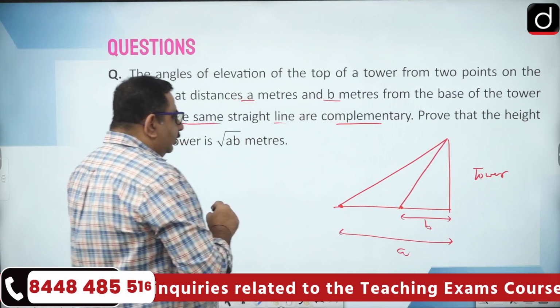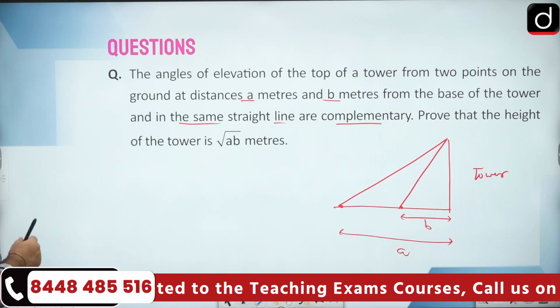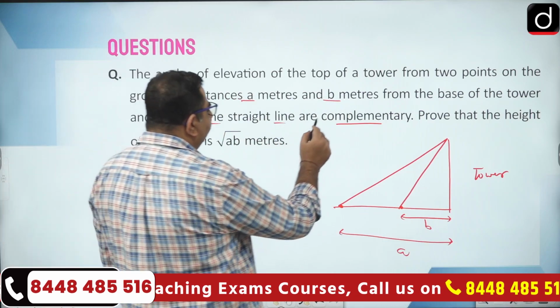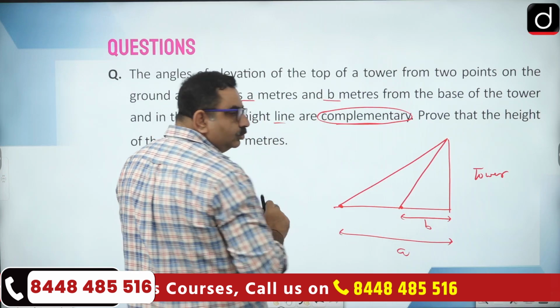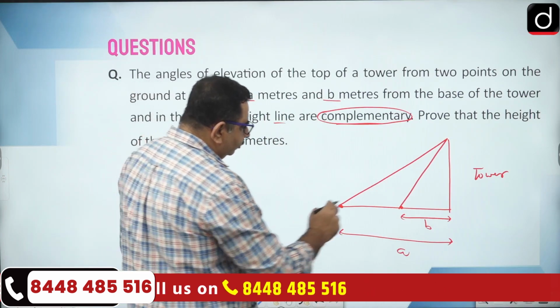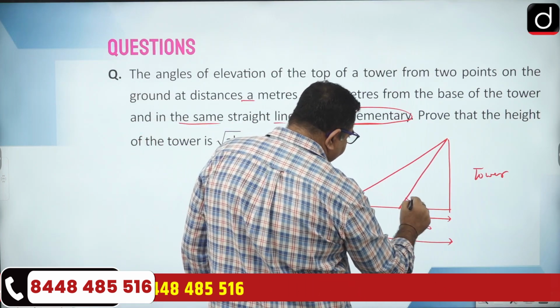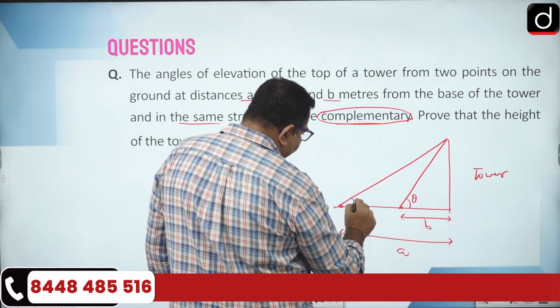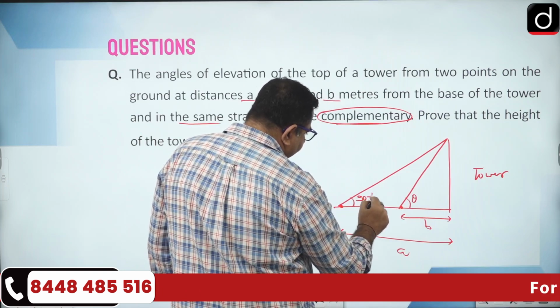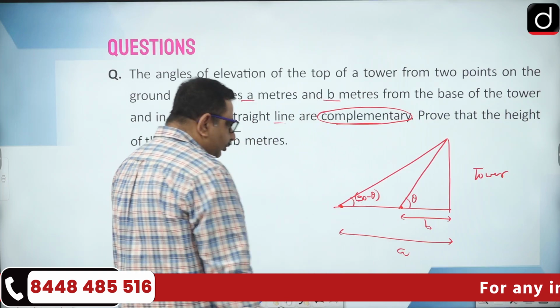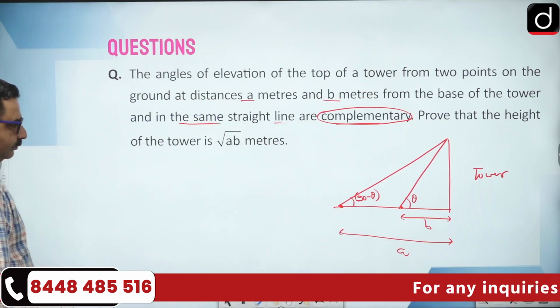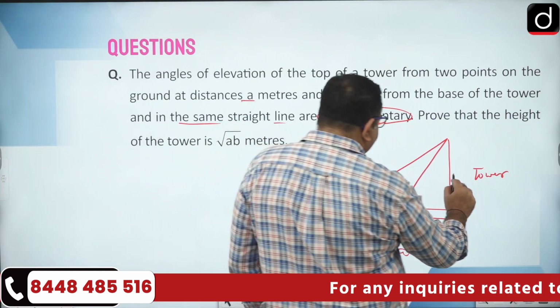Now what is it saying? The angles are complementary. Complementary angles are those whose sum is 90 degree. So suppose this angle is theta, then this angle is 90 minus theta, right? So these two angles are complementary. Suppose the height of the tower is h.